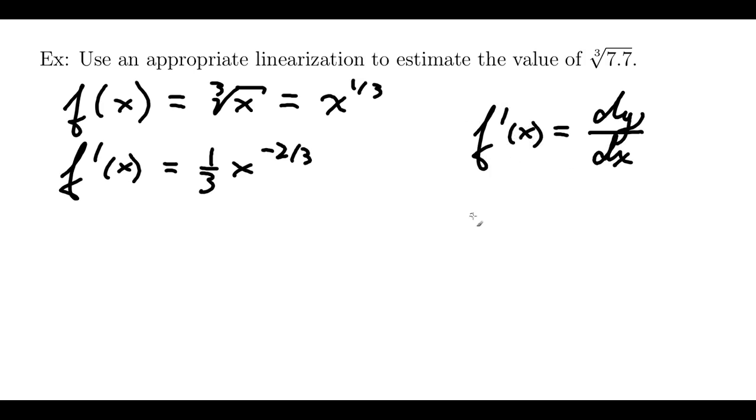If you imagine multiplying the dx to the other side, we can define the differential dy, if y is a function of x, as being f prime of x dx. So our textbook, like many textbooks, takes this to be the definition of what a differential is. A differential of a dependent variable is the derivative of that thing times the differential of the independent variable.